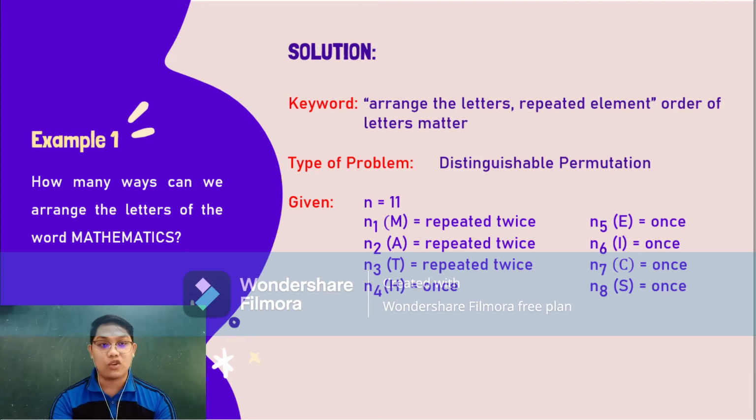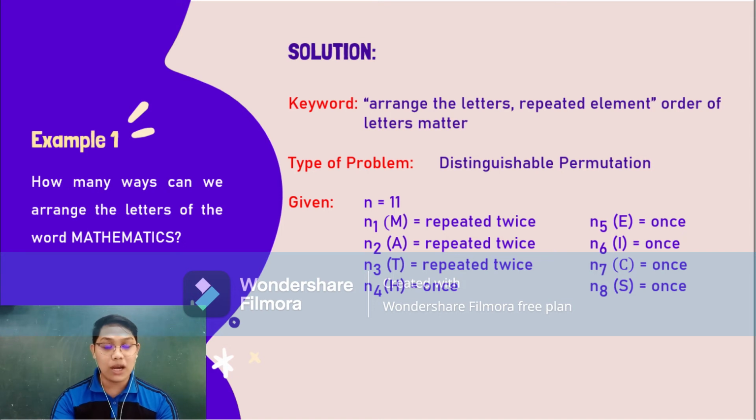Mao na siya ang atong isulat. Gi-denote lang siya nga n sub 1 is M, n sub 2 is A, and so on. Pwede pud nimo i-rearrange nga n sub 1 si A, n sub 2 si M, and so on. Ako lang siyang gi-sunod-sunod, so gi-assign nako nga n sub 1 si M, and so on.